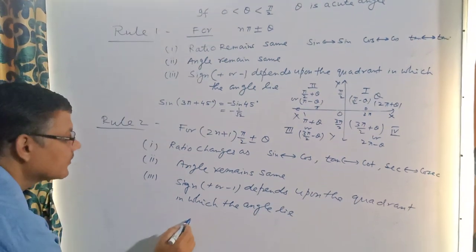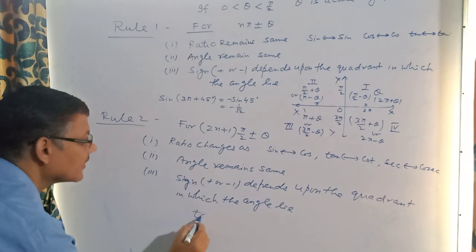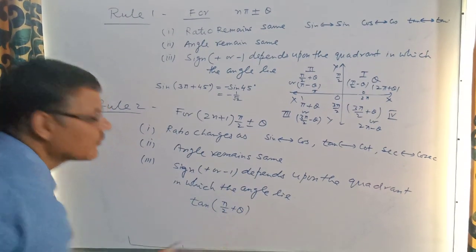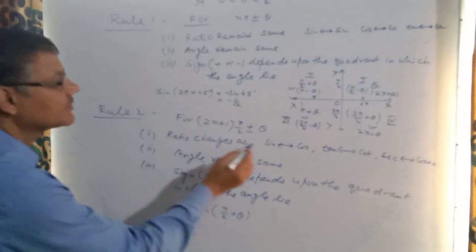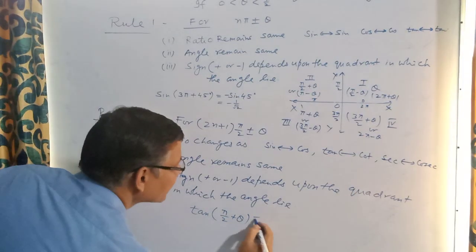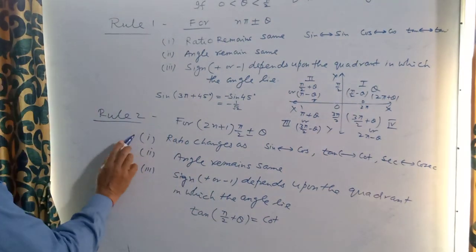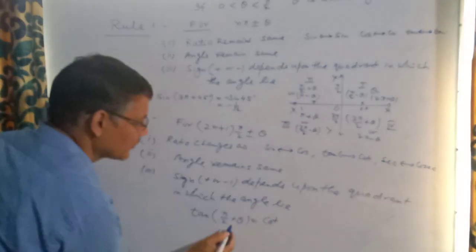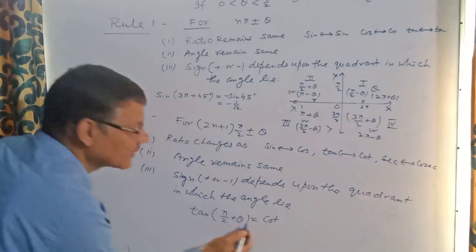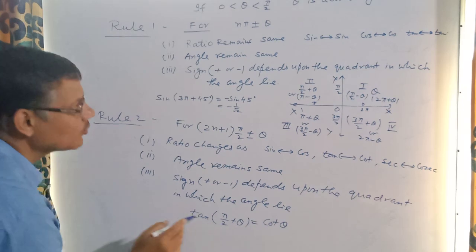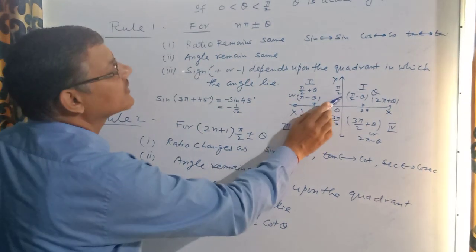It means if I want to get tan of pi by 2 plus theta, by this rule the ratio tan changes to cot. So write cot here. The angle remains the same, so here again theta, the acute angle. Now the sign, plus or minus. Pi by 2 plus theta lies in the second quadrant.